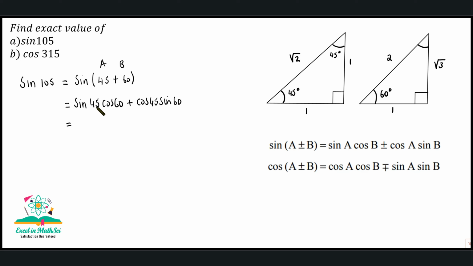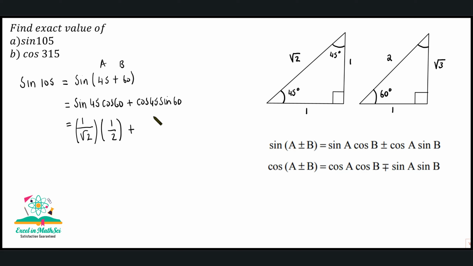The sine of 45, well, that would be opposite over the hypotenuse, so that would be 1 over root 2, times the cos of 60. Well, the cos of 60 is adjacent over hypotenuse, so that's 1 over 2.